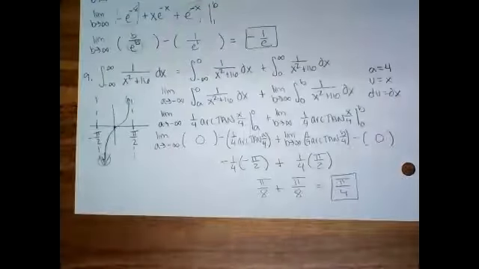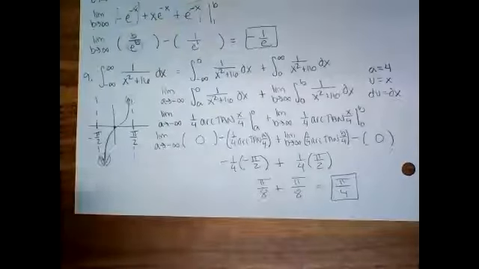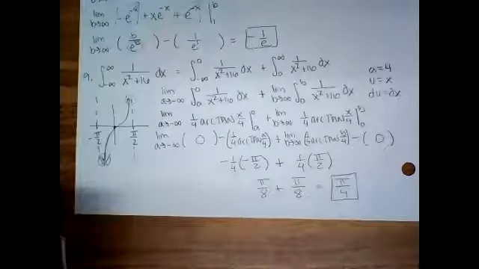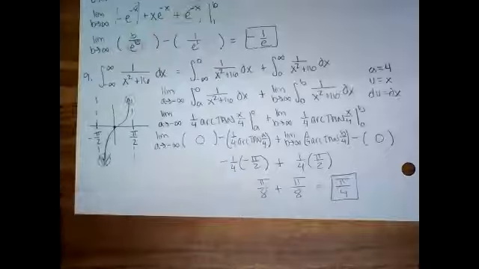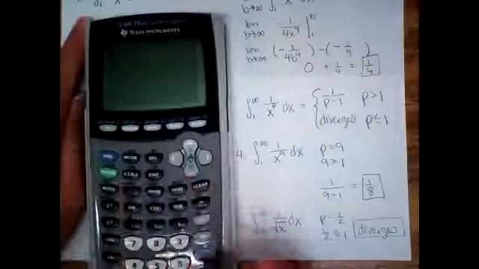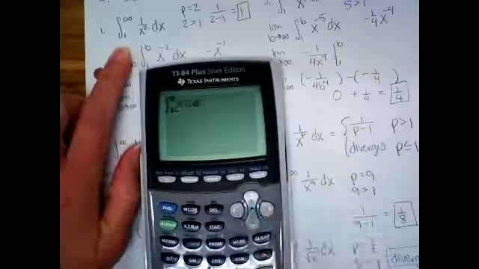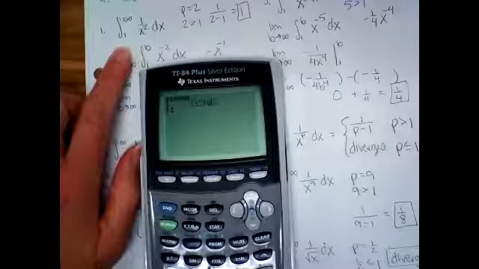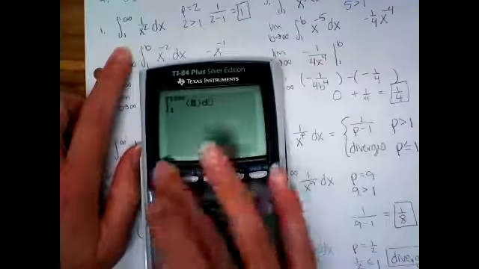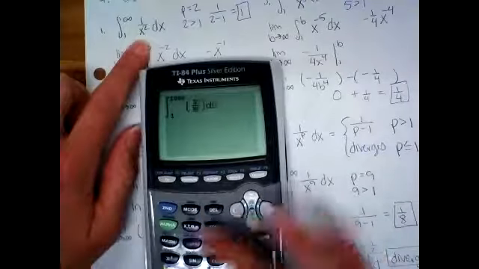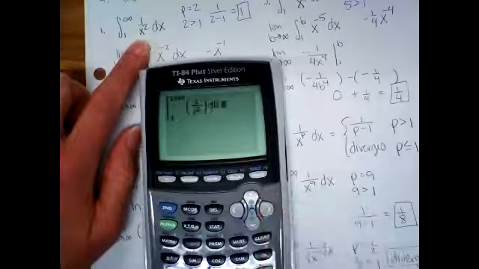I'm not going to do any more problems, but I am just going to show you a trick in the calculator. It's highly likely that they would put these on the non-calculator section, but just for what it's worth, you can kind of like, not always, but kind of like get the answer. For example, math 9, if you math 9 this, if you go from 1 to infinity, now you can't put in infinity, but if you put 1,000 and then put in here 1 over x squared, it'll be like close.